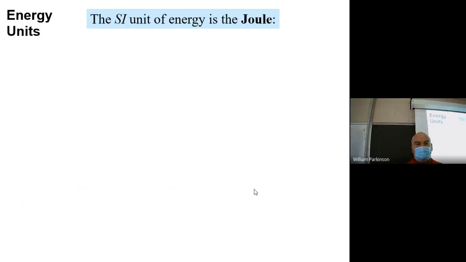Okay, so if we were to measure the energy unit, we would use what we call the joule. And it turns out that the joule is, as we talked about many moons ago now, a derived unit. It's a combination of base SI units.